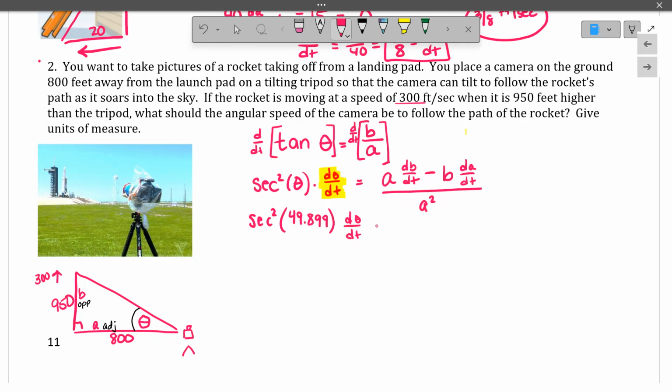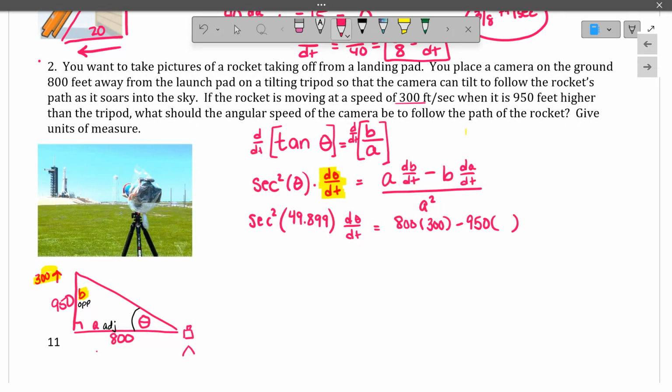d theta dt. And let's see, A dB dt. So A, we said, is my adjacent, and that's 800. dB dt is the rate of change of side B, and that rocket is moving up at 300 feet per second, so that side is lengthening at 300 feet per second, minus B, which is 950, dA dt.